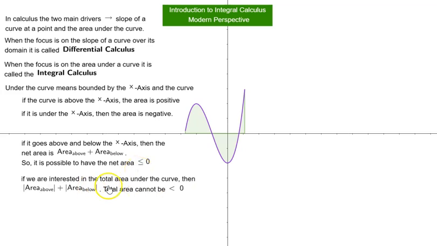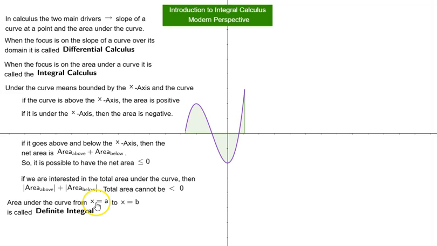If we are interested in the total area under the curve, then we take the absolute values. So absolute value of the area above plus the absolute value of the area below gives us the total area. So which means total area cannot be less than 0.